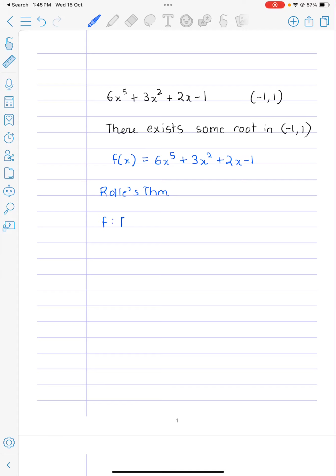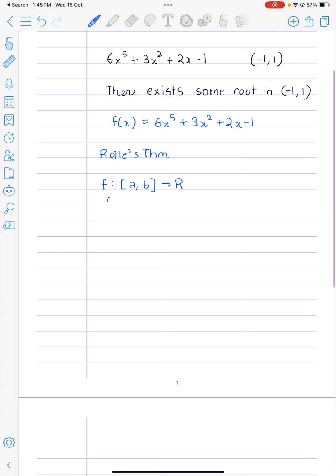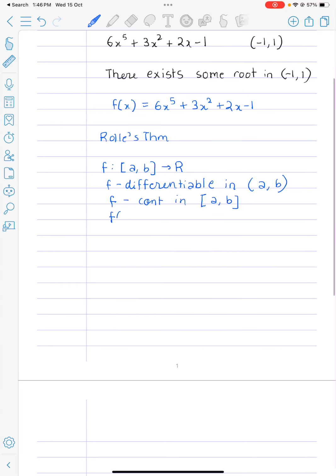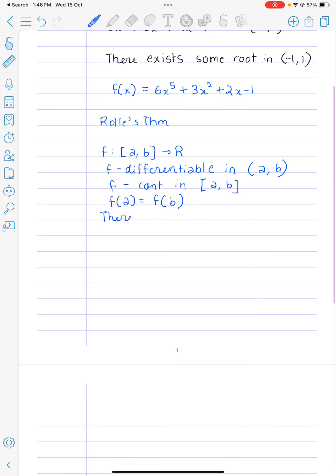If f is a function from [a, b] to R, and f is differentiable in (a, b), and f is continuous on the whole [a, b], and f(a) is equal to f(b), then there exists c such that f'(c) is equal to 0.